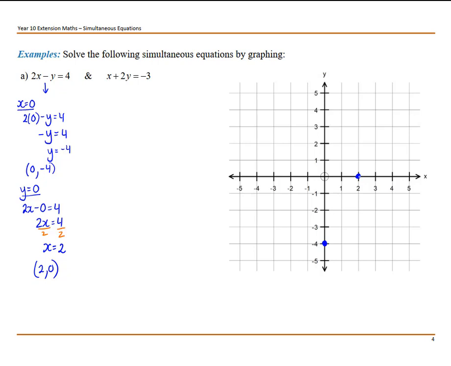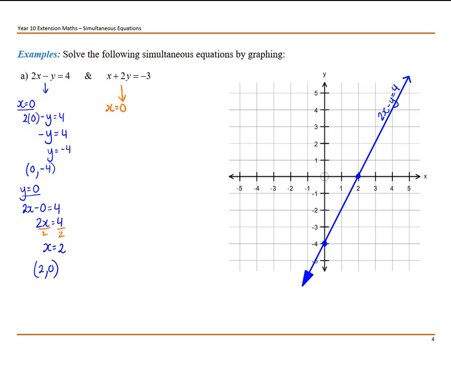I would then join a line between those two points. Once you have your line, make sure you label it, especially when we're putting more than one line on the one graph.